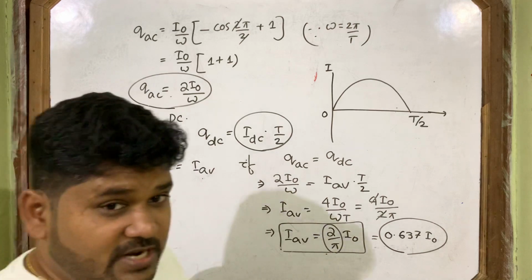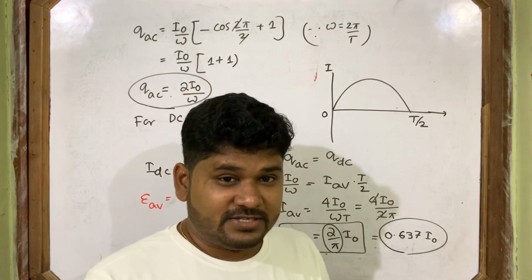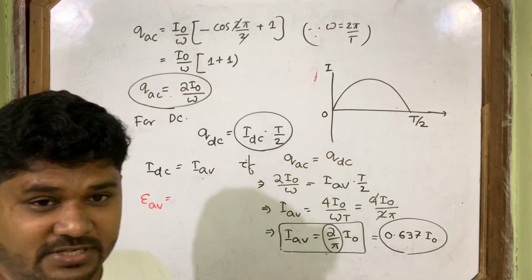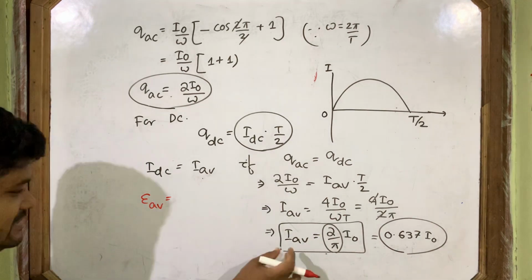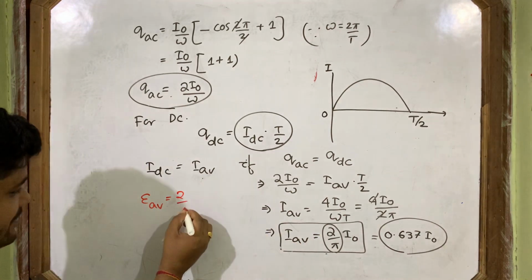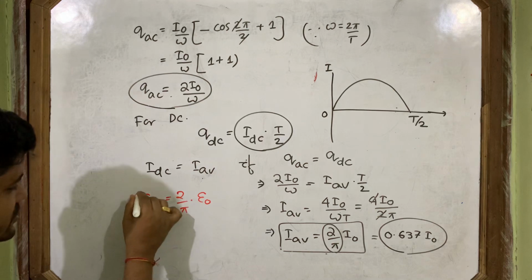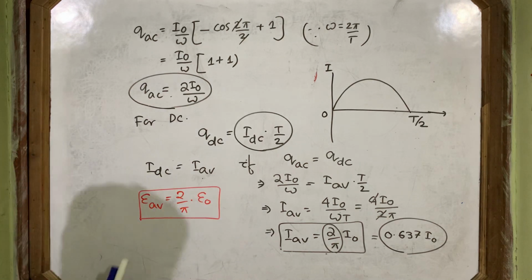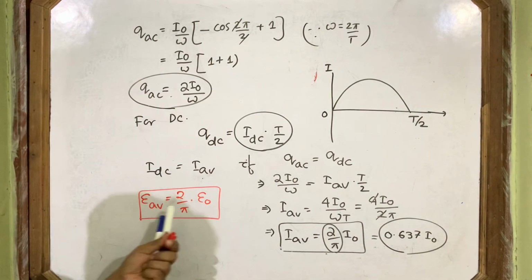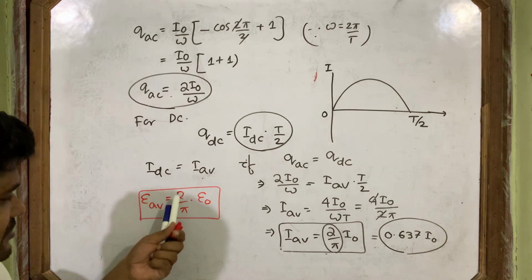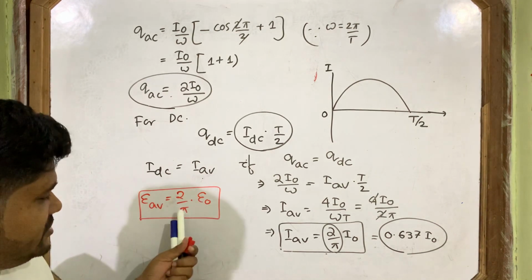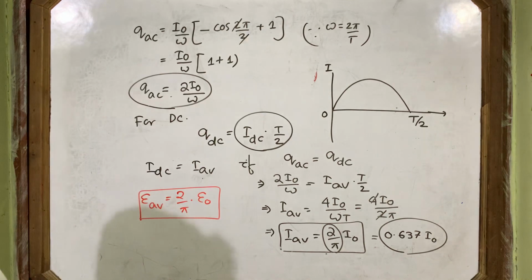So E average is equal to 2 by pi into E naught, or 0.637 into E naught.